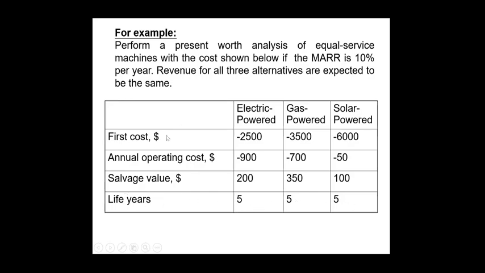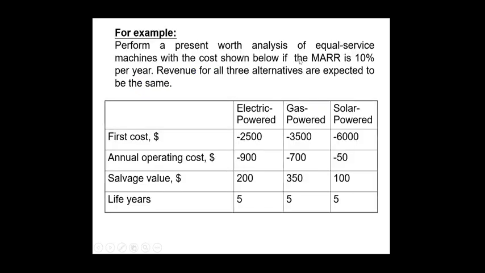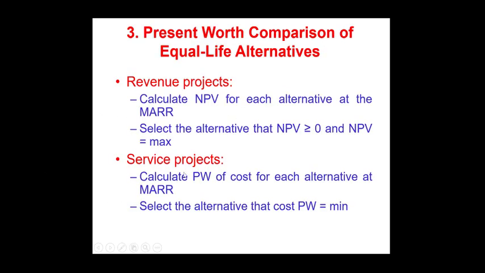Okay, in this problem, the service lives are equal. That means that we have the present worth comparison of equal life alternatives. Okay. Now, in order to compare and select the best one, we use the present worth comparison of equal life alternatives with the service project.